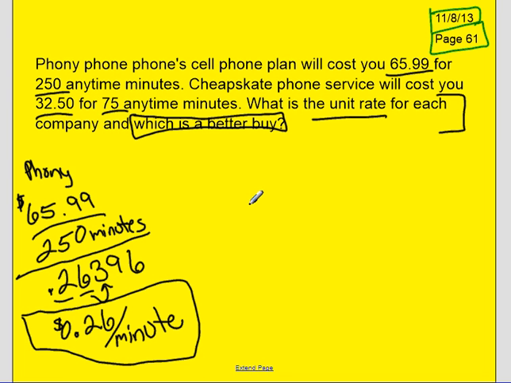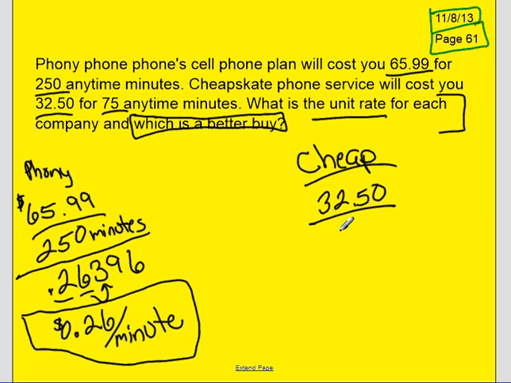Let's find the unit rate for the other company, Cheapskate Phones. Cheapskate Phones says it's going to cost you $32.50 for 75 minutes. It's useful to put your units in, like this dollar and the minutes, to help you keep track of what everything means.